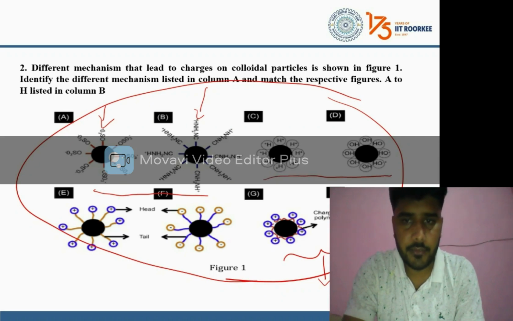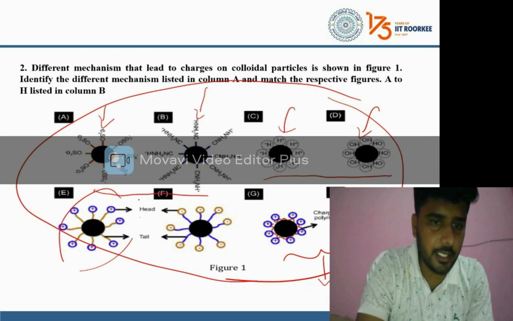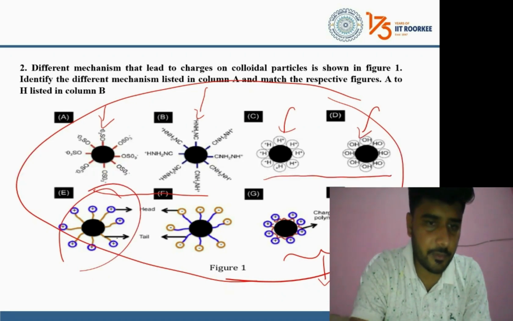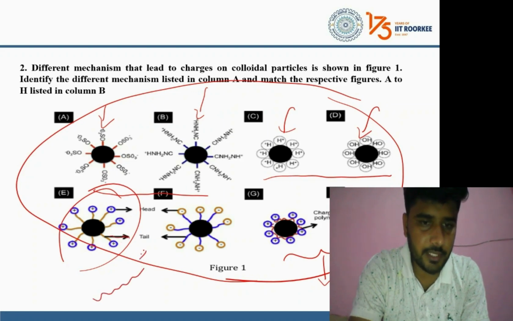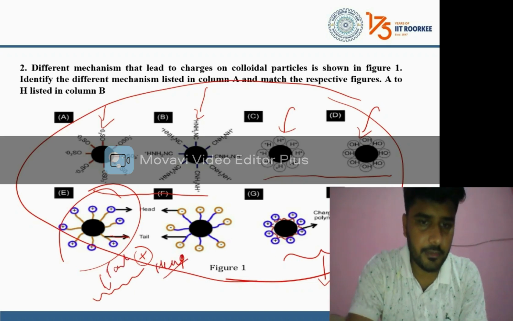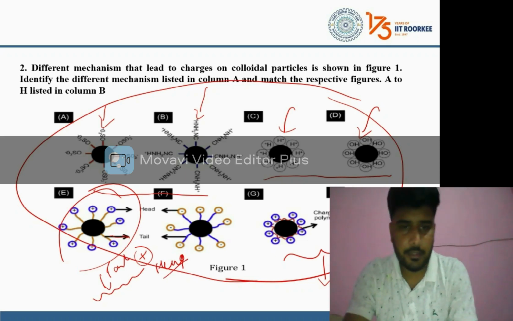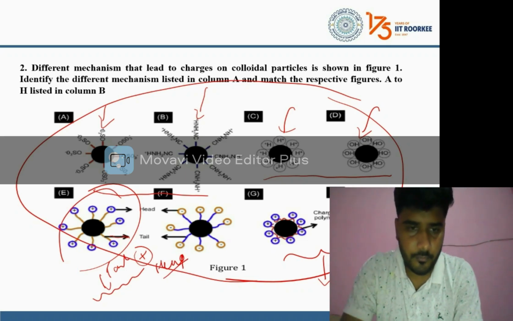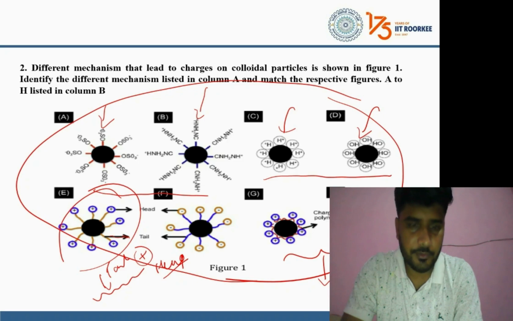Here you can see the adsorption of ions on the particle surface, and similarly here is the adsorption of surfactants, because this is the tail and this is the head, since surfactants exist in this kind of structure. So E and F will be the adsorption of surfactant on the colloidal surface.